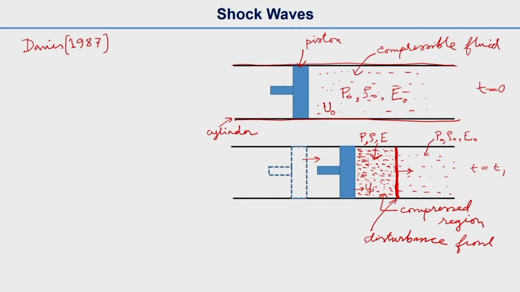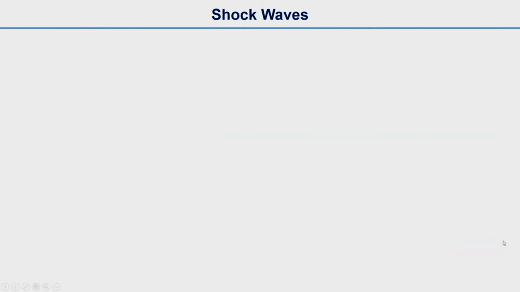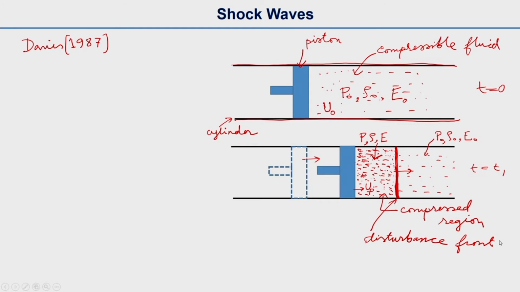Disturbance front. We are not calling it a shock wave front or something. Here we will just say that this pressure discontinuity is the disturbance, and this is the disturbance front. This disturbance front will move forward with a velocity us, and the velocity of these particles is u naught on this side, and here we have the piston velocity as up.